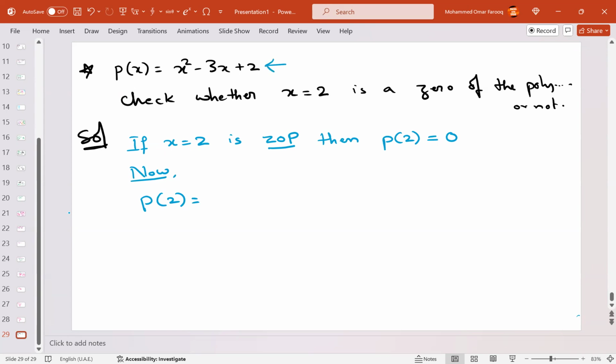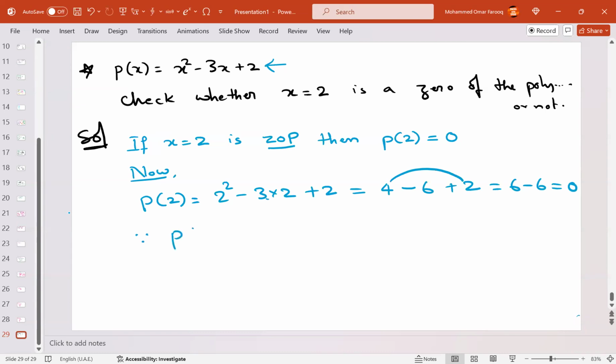Wherever you have x in the given polynomial, substitute 2. So 2 square minus 3 into 2 plus 2. That equals, what is 2 square? 4 minus 3 2s are 6 plus 2. So 4 plus 2 is equal to 6. 6 minus 6, that is equal to 0. Now, did you get 0?